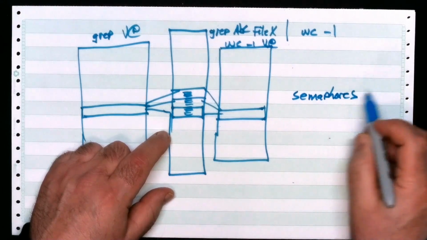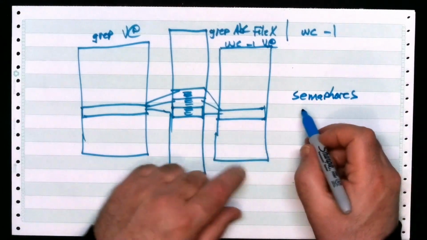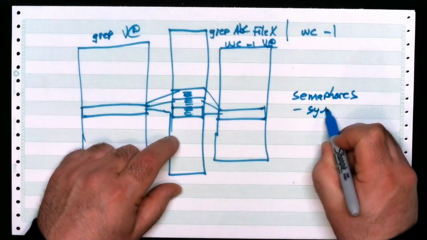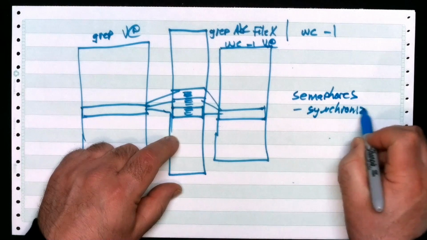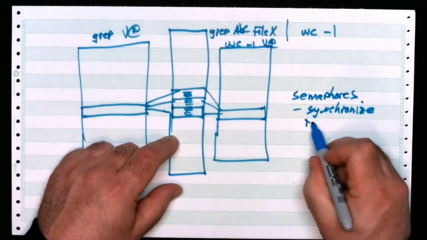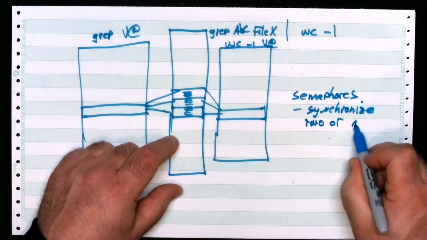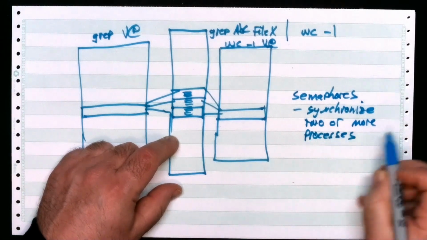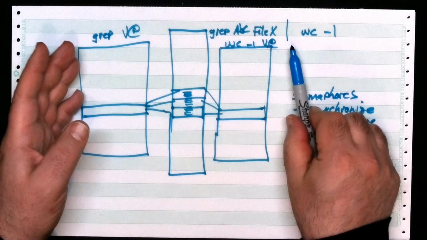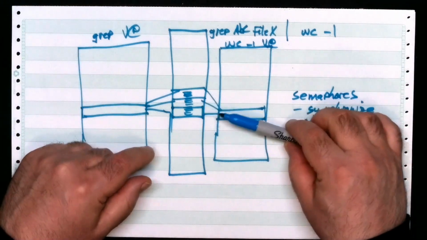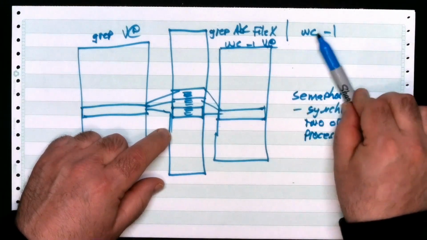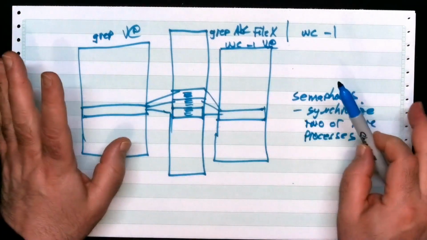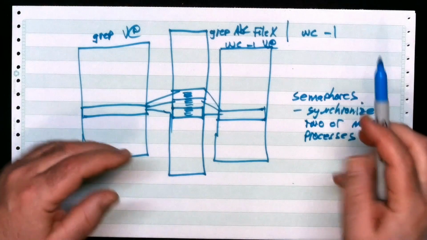These things allow two or more processes to be synchronized. And if you're going to use a pipe, you're going to have semaphores in here, so this thing doesn't read all this garbage data before this guy fills it in. I'm just saying there's more to this if you're going to implement it for real.